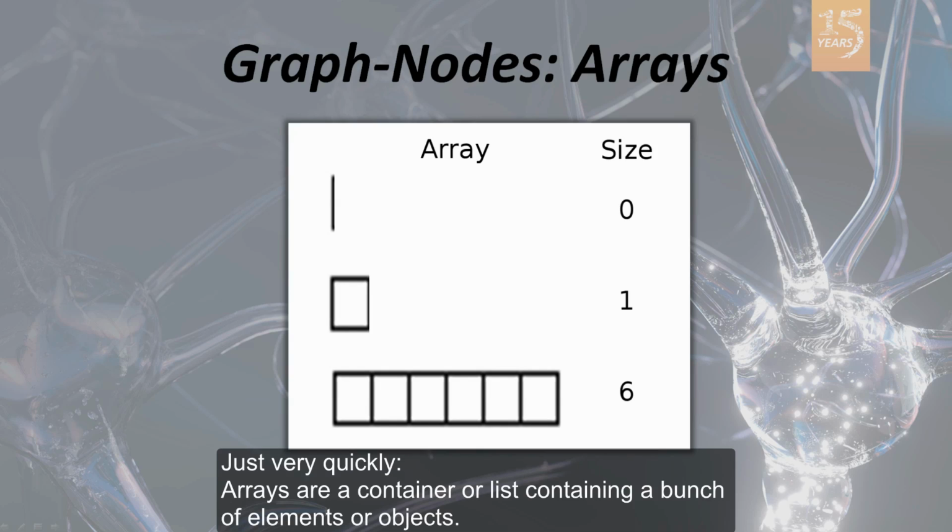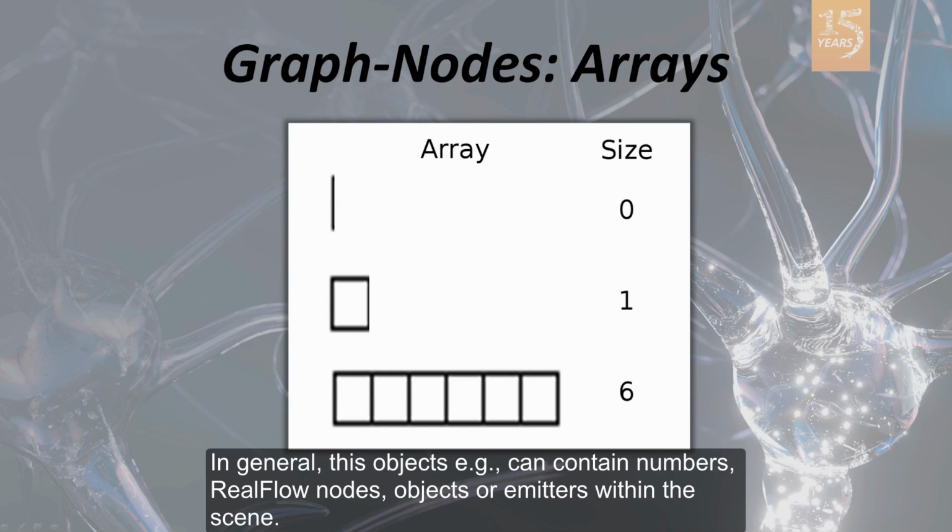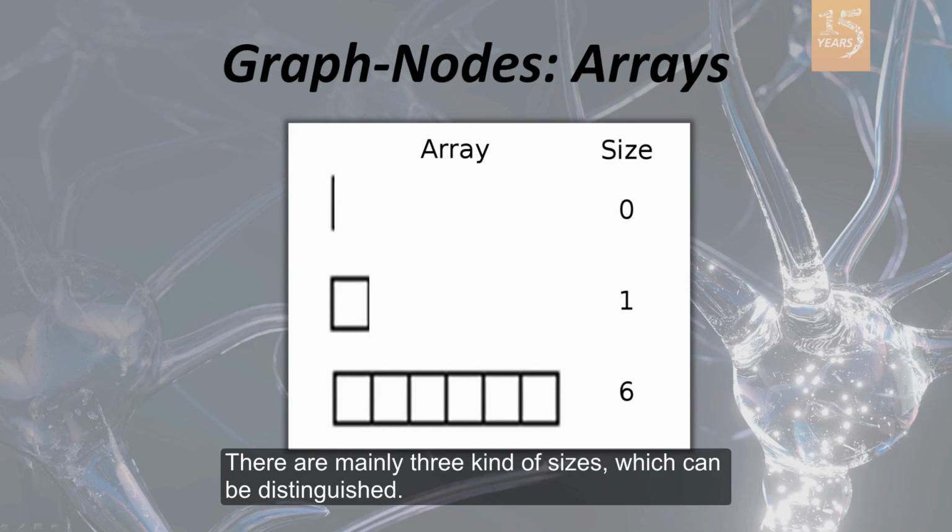Very quickly, an array is basically a container or a list containing a bunch of elements or objects. Very generally, these objects can be just numbers or some RealFlow nodes, objects within the scene, or emitters within the scene. There are mainly three kinds of sizes which can be distinguished.